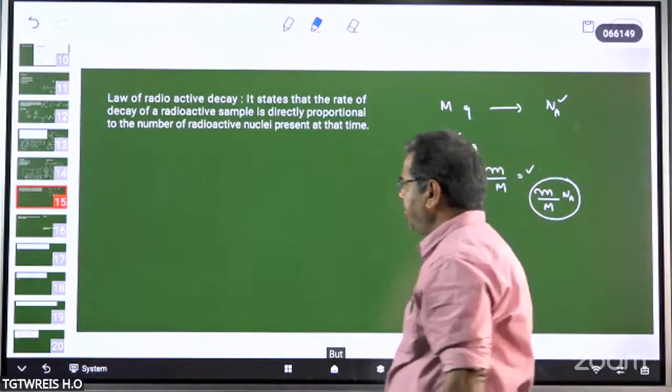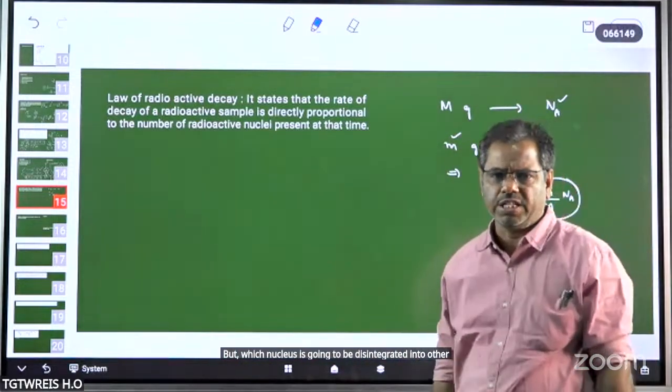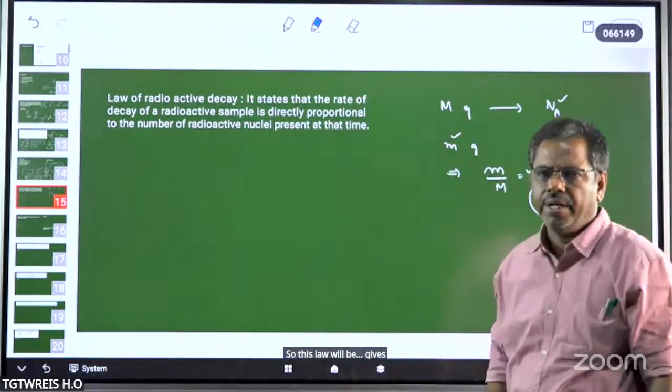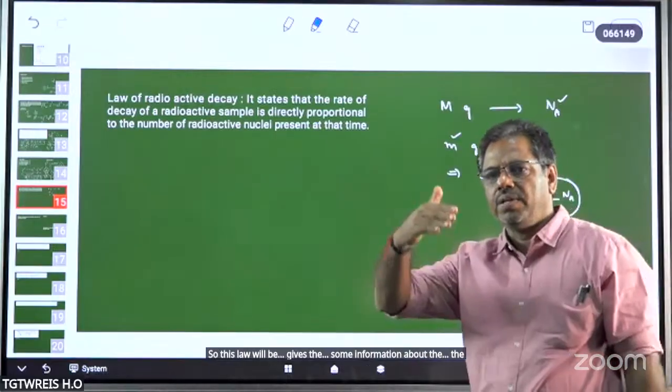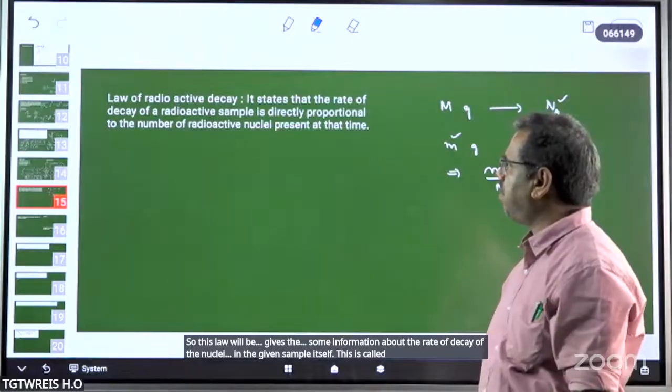But which nucleus is going to disintegrate into another, that we cannot expect. So this law gives some information about the rate of decay of the nuclei in the given sample itself. This is called the law of radioactive decay.